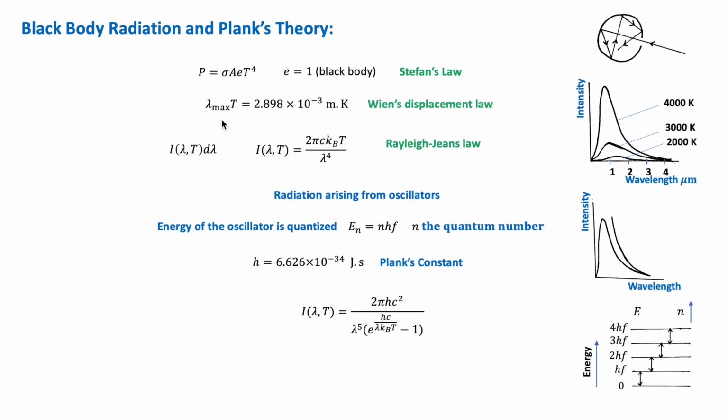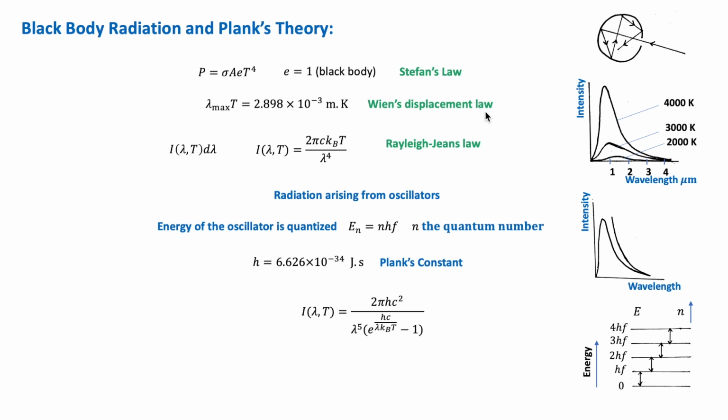So lambda max is the wavelength at which the curve has its peak, and T is the absolute temperature of the surface emitting the radiation, okay? But as we have said, this classical model was not successful in explaining this dependence of power on temperature described by Stefan's law, or the shift of the peak with temperature, which is described by Wien's displacement law.